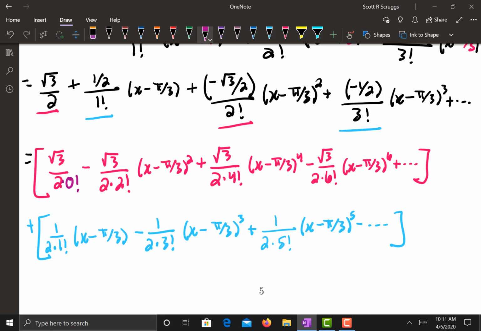And again, I see in blue an odd base in the factorial and an odd power in my x minus pi over 3.